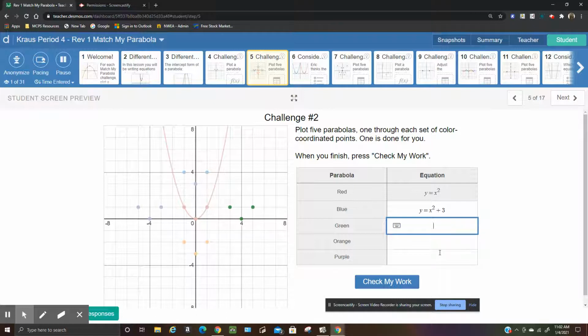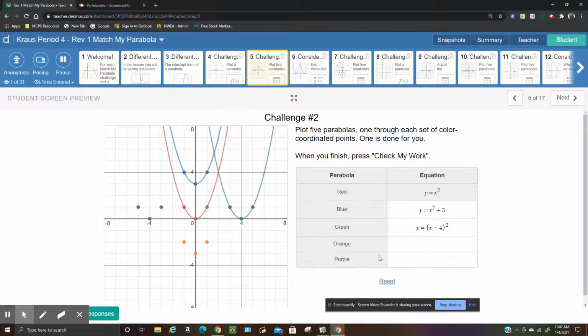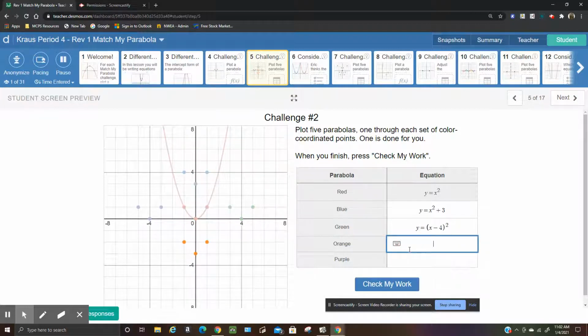So using the vertex form, y equals x minus 4 squared plus 0. And that works.